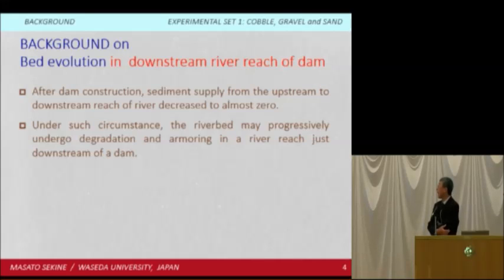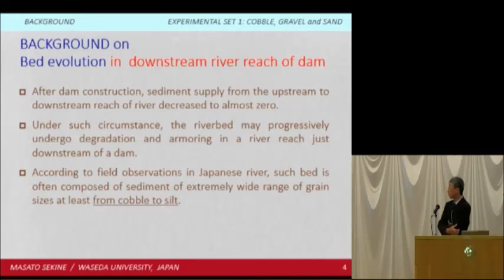Under such circumstances, the riverbed may progressively undergo degradation and armoring in a river reach just downstream of the dam. According to field observation in Japanese rivers, such a bed is often composed of sediment of an extremely wide range of grain sizes, at least from boulder and cobble to sand or silt.